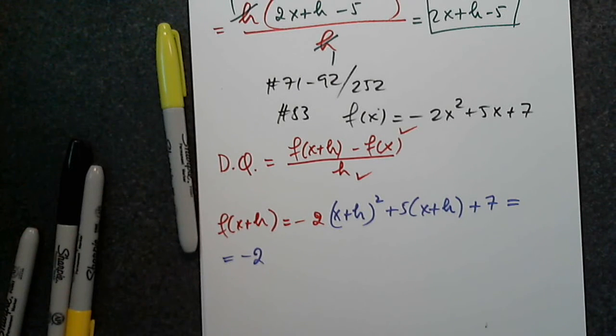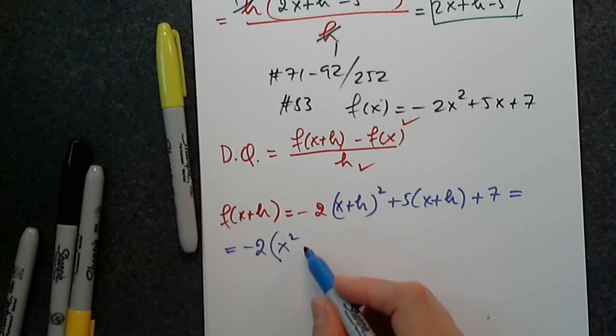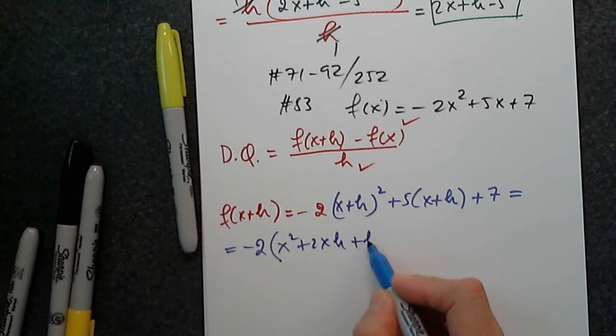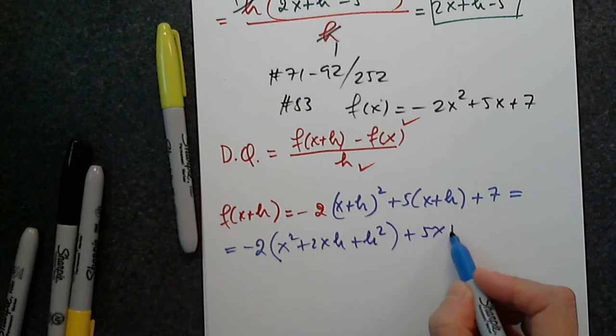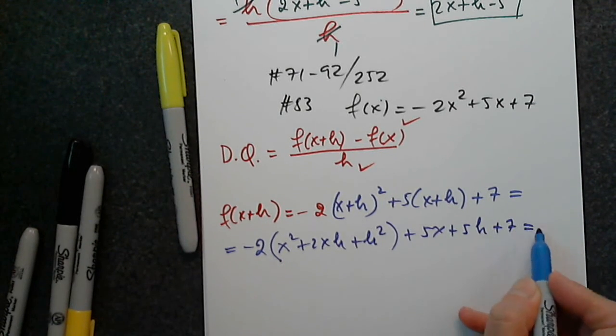What about x plus h squared? What does it equal to? X squared plus 2xh plus h squared. Good. Plus 5x plus 5h plus 7.